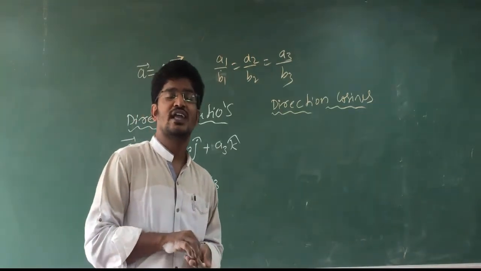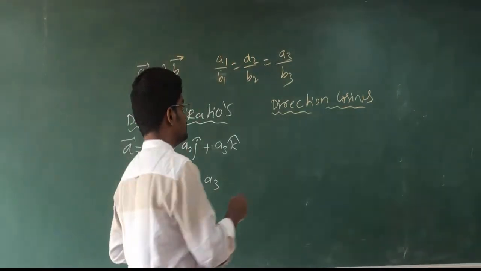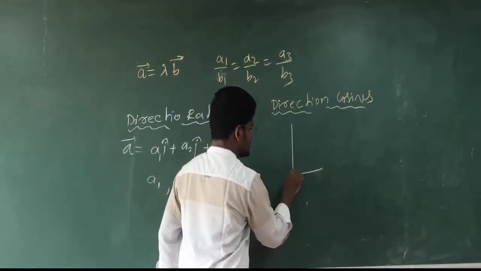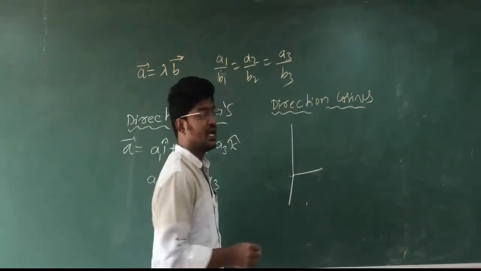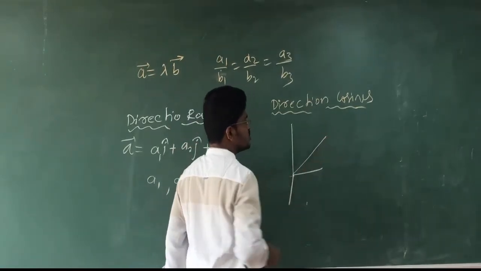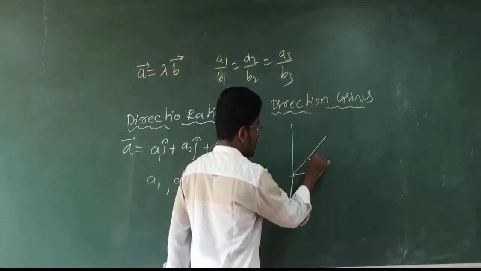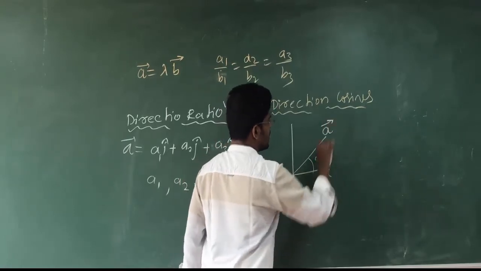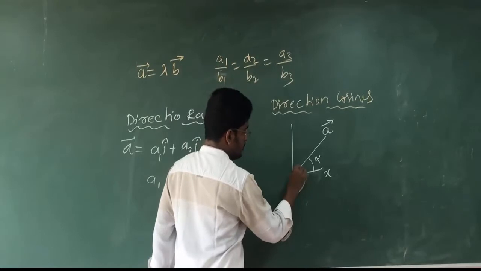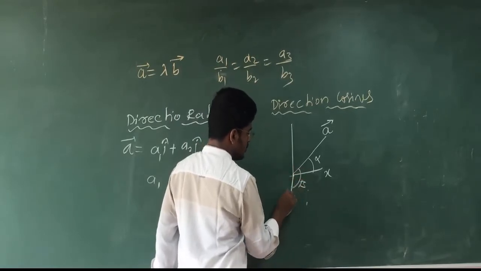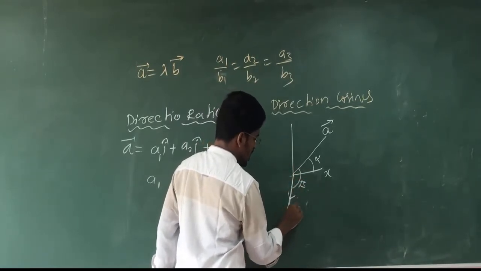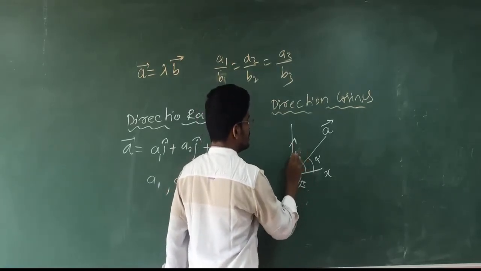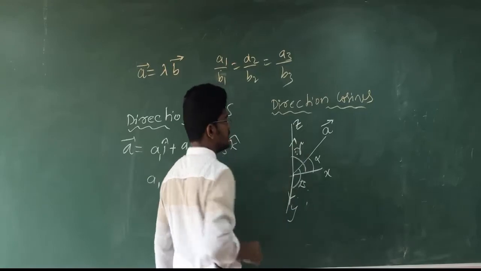See here, if this is the three-dimensional space and this is one of the vectors A, alpha is with x-axis, beta with y, gamma with z.